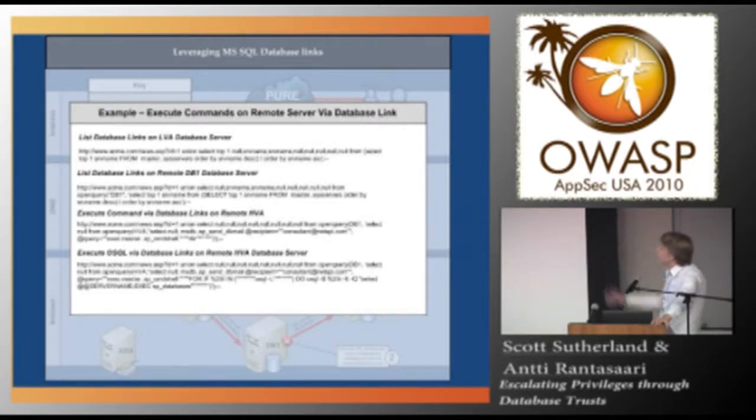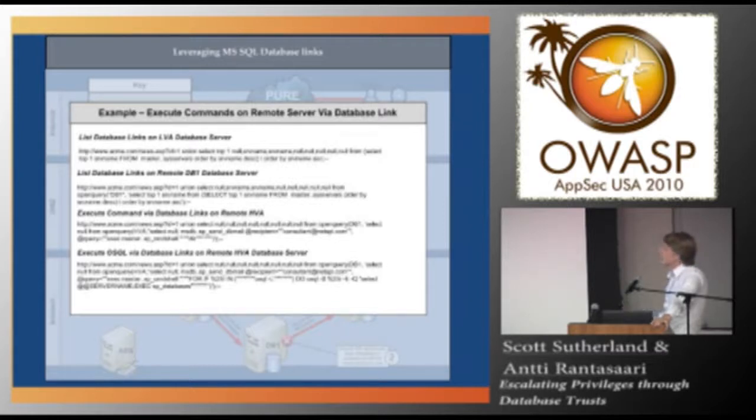And in this scenario, for example, we see that from LVA there is a link to DB1. However, that link also is least privileged, so we don't really gain any further access on DB1. We can read from it, so we might gain access to sensitive information, but we don't have full control of that system.